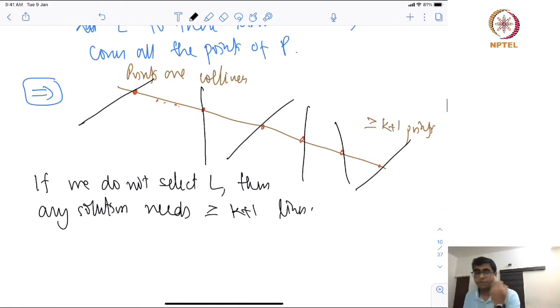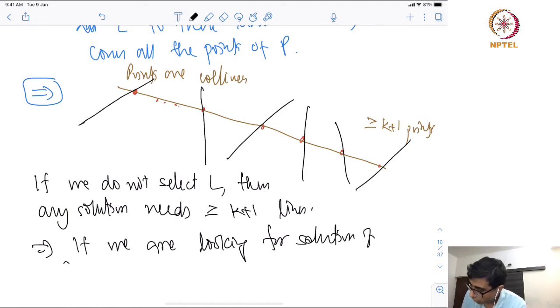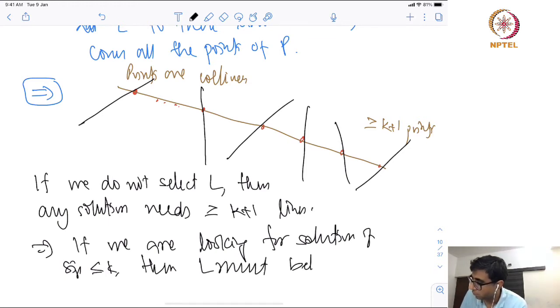So if we are looking for a solution of size at most k, then L must belong to my solution.